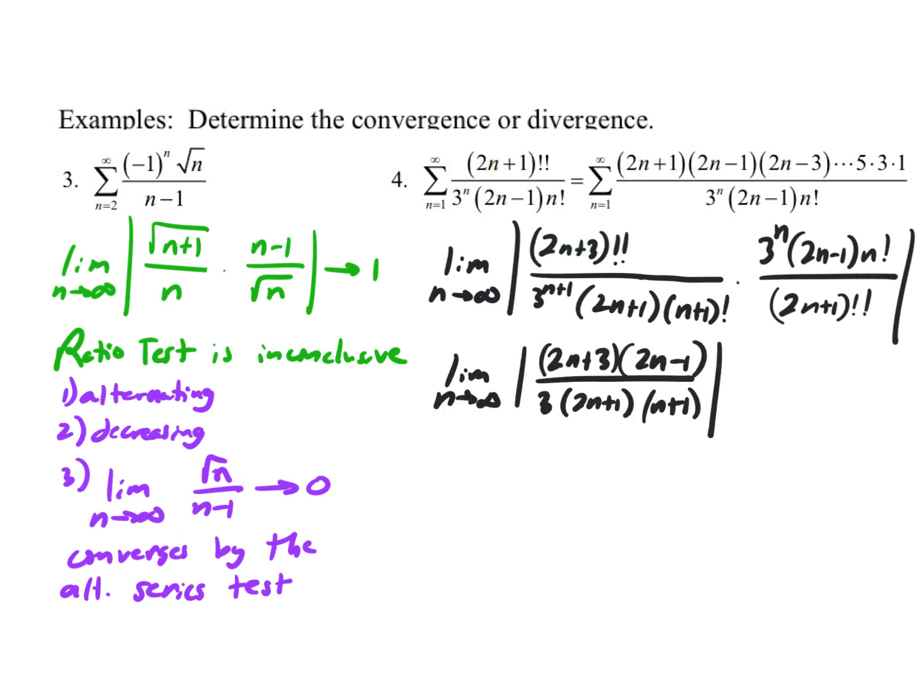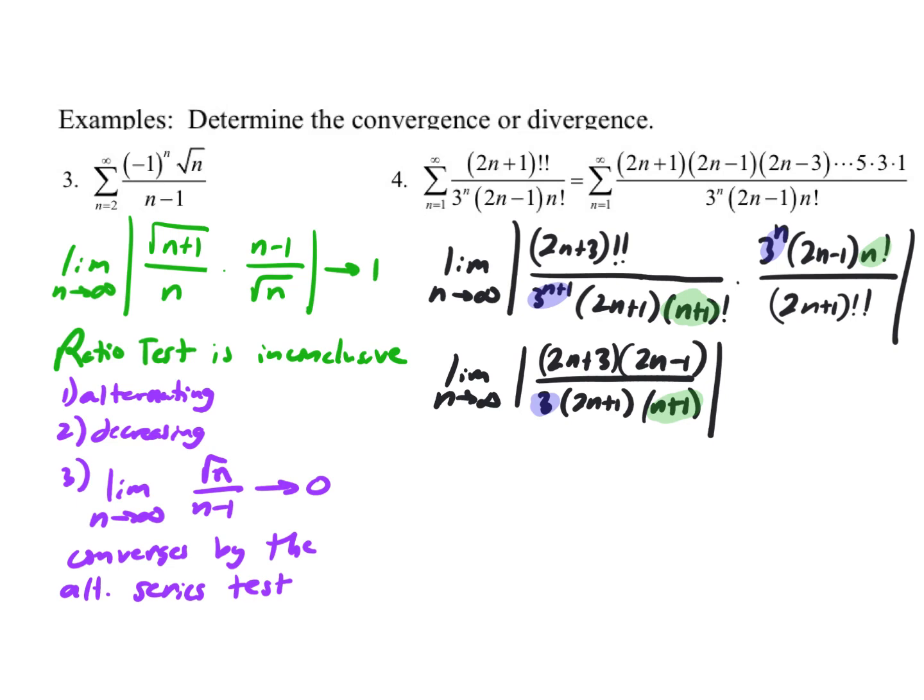So here's where we're at. 2n plus 3 on the top. The 2n minus 1 is still there. The n factorial and the n plus 1 factorial, so that's where that comes from. Let me highlight all that. I think that'll be helpful to see where they all come from. So this comes from here. The 3 comes from here.